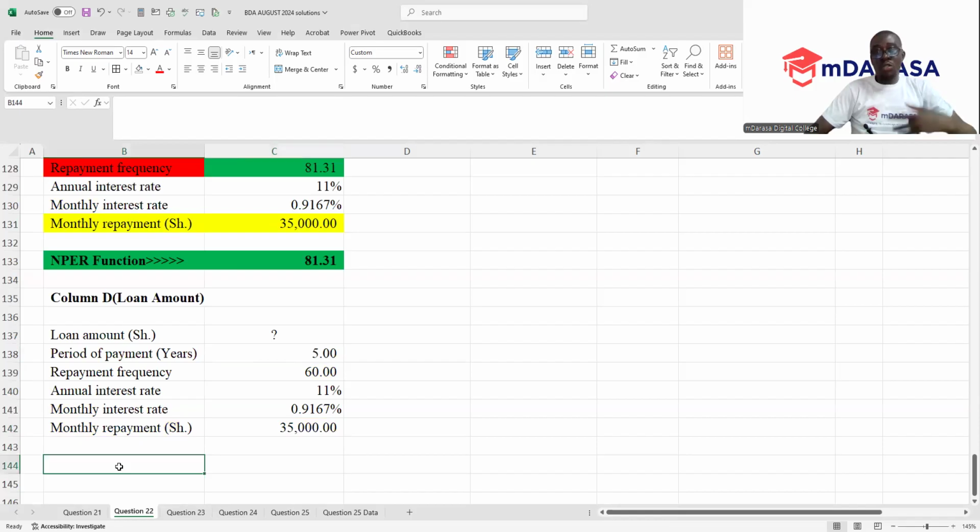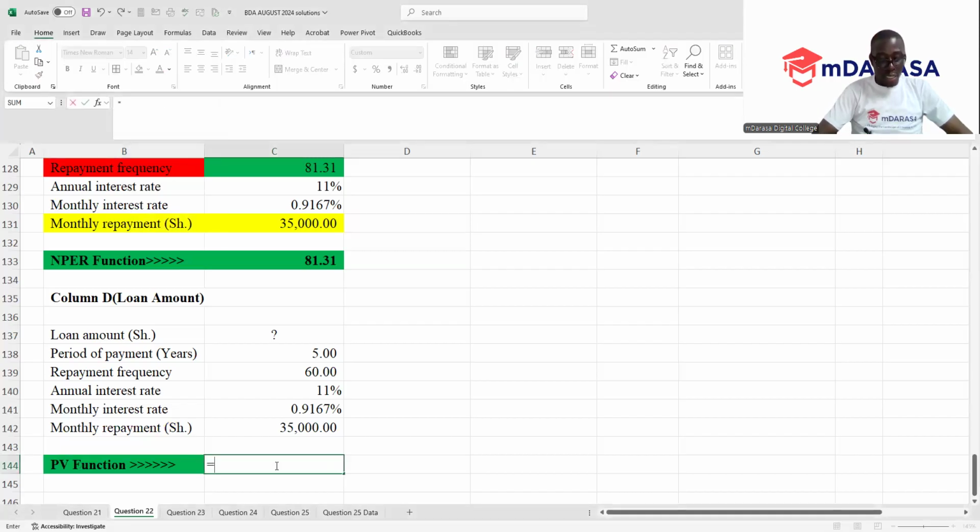At this point, we need to determine the present value, the loan that we are taking today. That would be easy. I need to have my present value function. So I'll be having equal sign PV, symbolizing present value, tab, rate is that much.